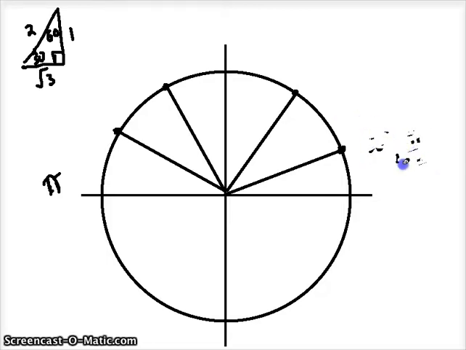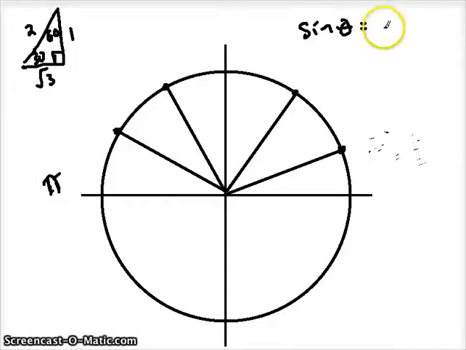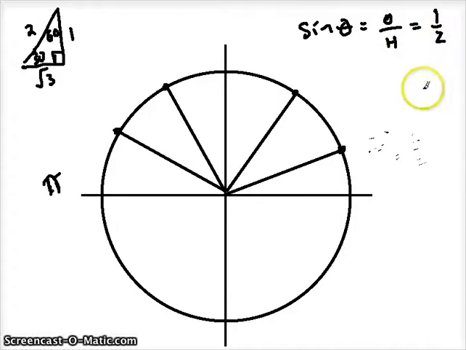So let's look at our special right triangle. And remember that the sine is going to be the y value, or the opposite over hypotenuse. So the opposite from our 30 is 1, and our hypotenuse is 2. So we end up getting our sine value is 1/2. So now the y-coordinate is 1/2.